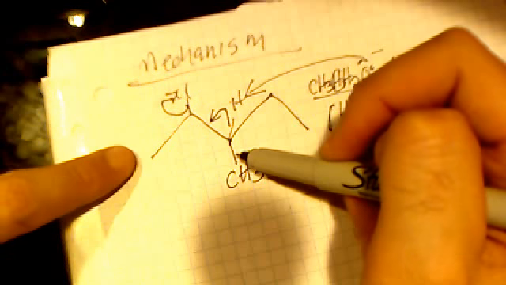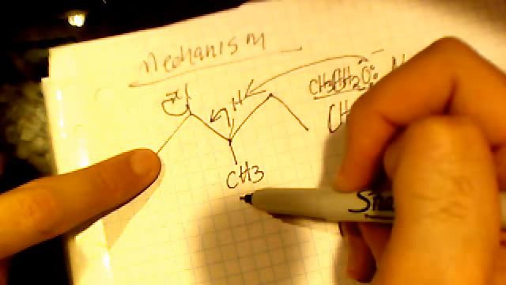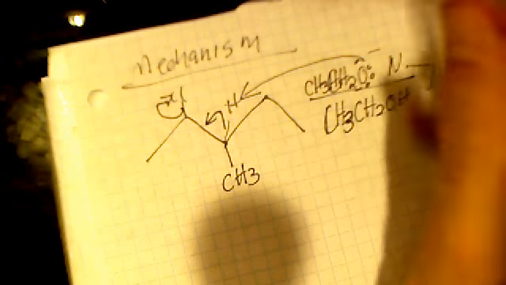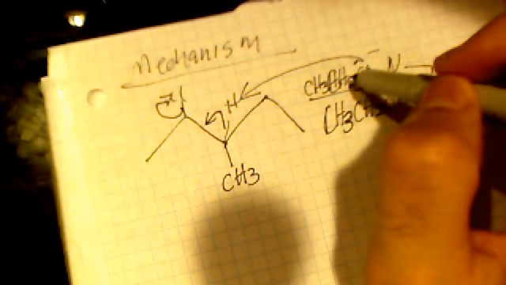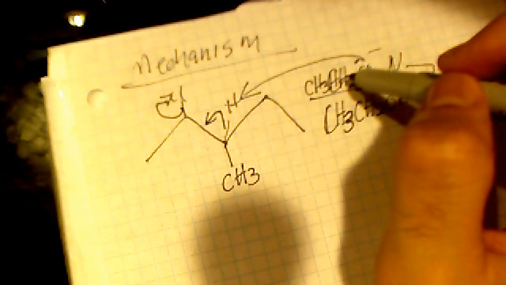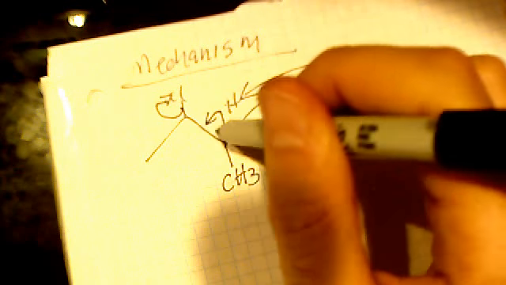I guess this is a second degree. Oh, you know what? This is a second degree carbon, but there's a methyl group here, a methyl group here. That makes a lot of crowding, and it might make it difficult for this sodium ethoxide strong base to come up in here and attack this electrophilic center.